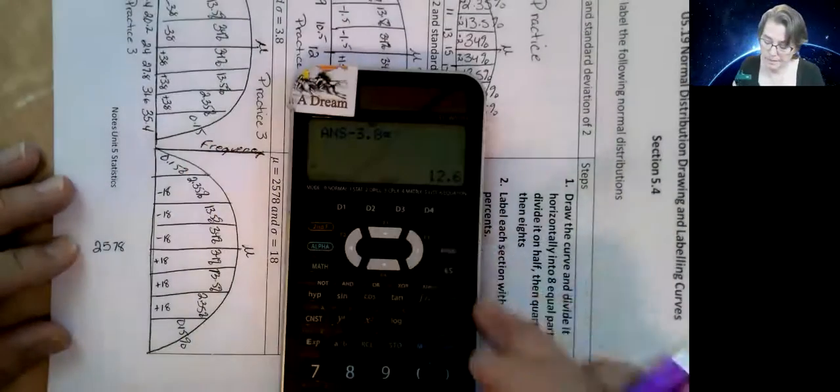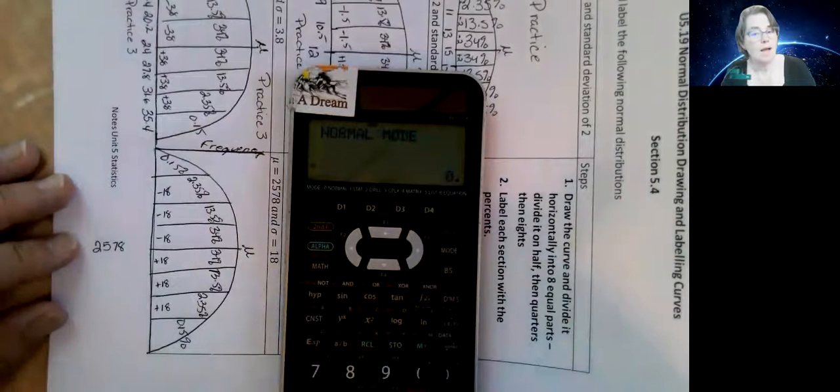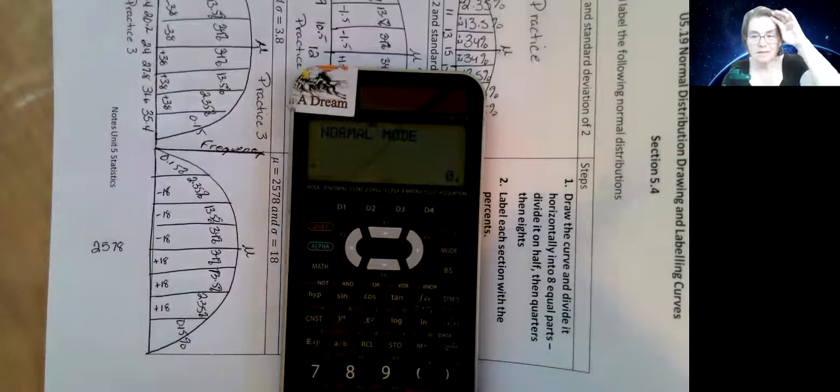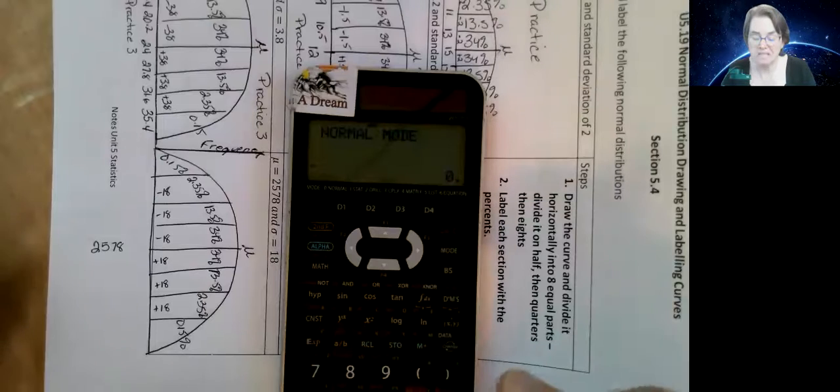Now, do you need to do that part? No. But I've seen a lot more students get it right doing that than ones that are like, nah, I don't need to do that.